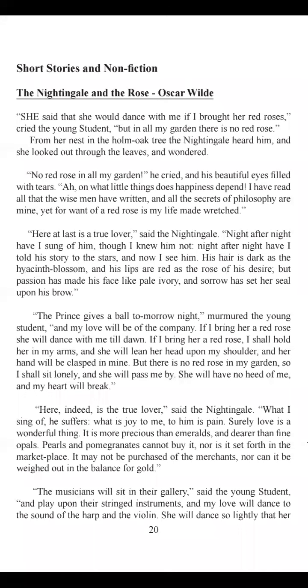Now he's very happy that if he was able to take a red rose to her, they will dance together until the dawn. "If I bring her a red rose, I shall hold her in my arms, and she will lean her head upon my shoulder, and her hand will clasp in mine."